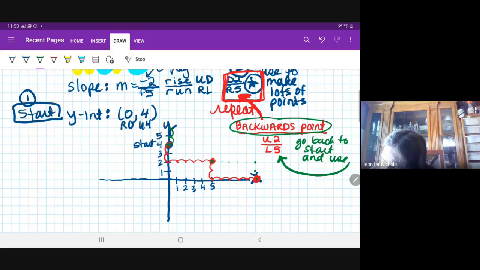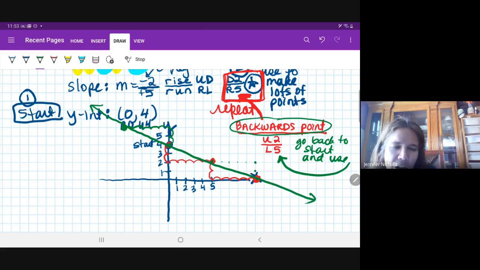And then I want to go 1, 2, 3, 4, 5. And then what you're trying to see is, do all these points look like they're on the same straight line? And how many points do I have so far? 4.